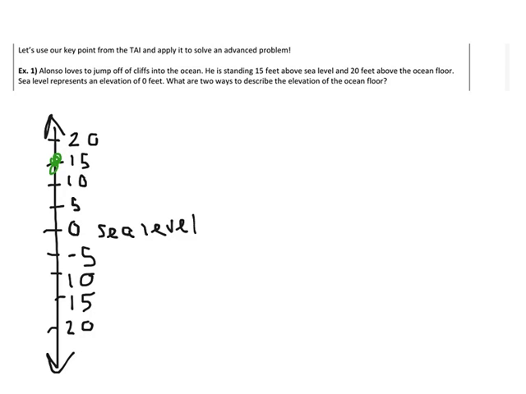Great. So the final point that we have to plot is where he is standing above the ocean floor. So it says he's standing 20 feet above the ocean floor. Now we don't know where the ocean floor is, so we need to count 20 backwards from 15. So I'm going to start at 15 and I'm going to count 20 spaces backwards.